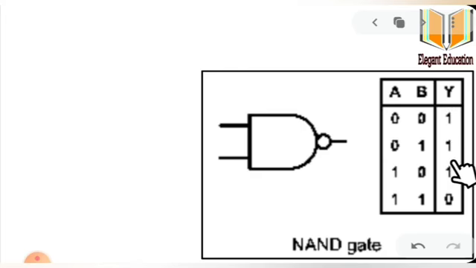Now let us draw the truth table for the AND gate and NAND gate with inputs A and B. What will be the Boolean expression for it? A dot B whole bar. This would be the Boolean expression for the NAND gate.